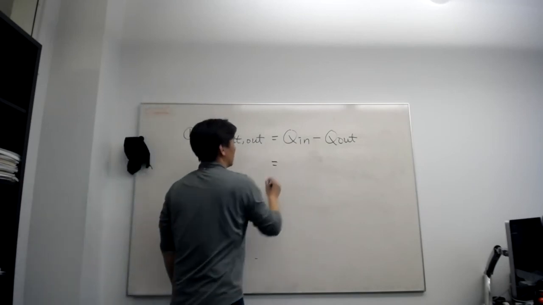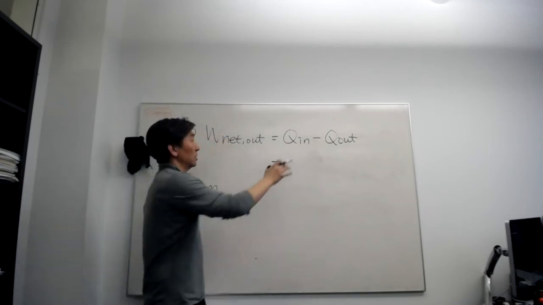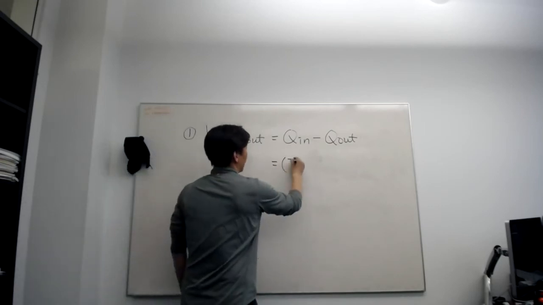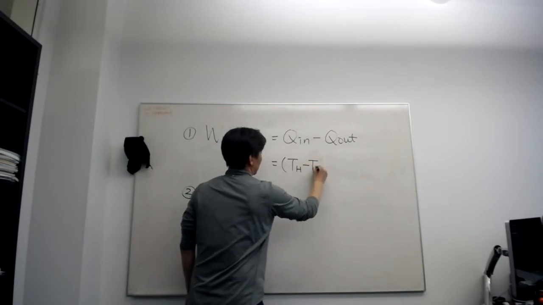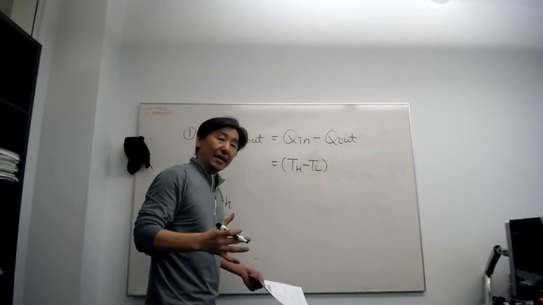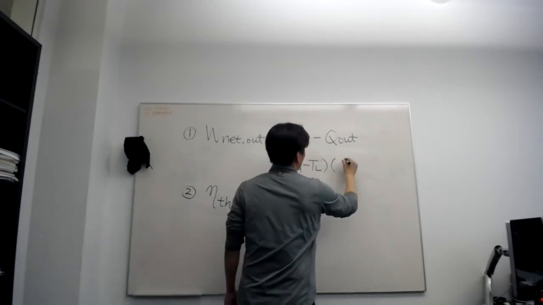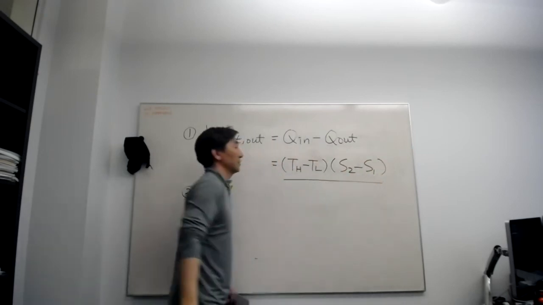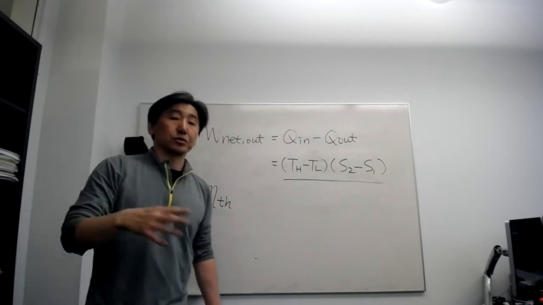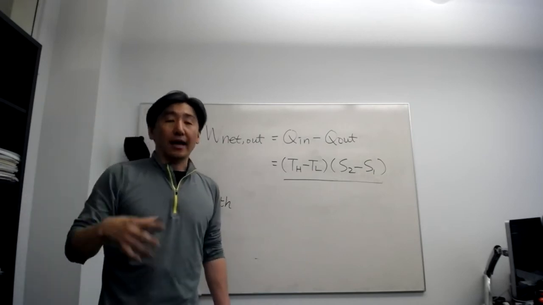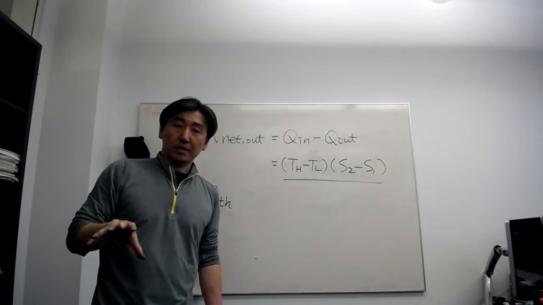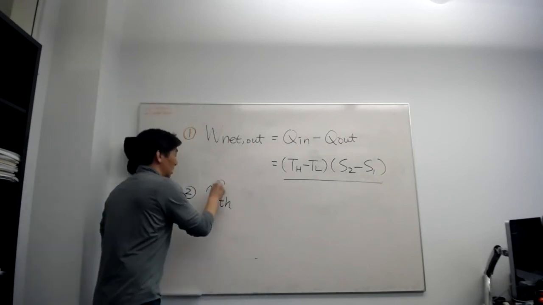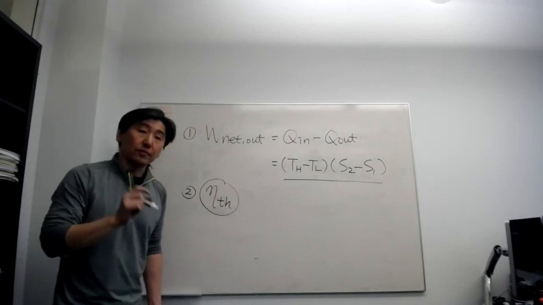Now, from the equations that we derived earlier, we can write it as the area of the rectangle in the TS diagram. So as long as you know the temperatures, TL and TH, and the entropy, you can calculate the net work output. Now, how can you calculate the thermal efficiency?